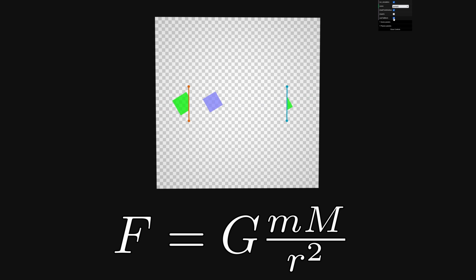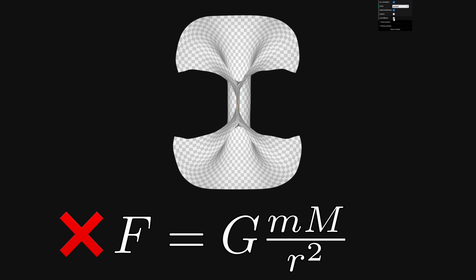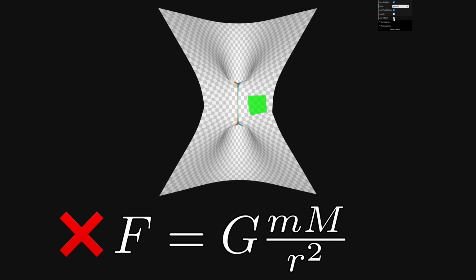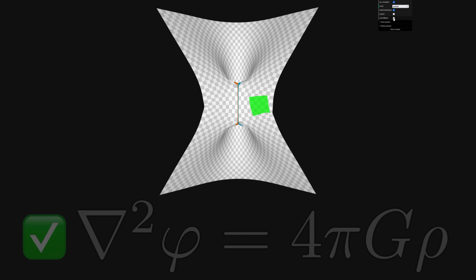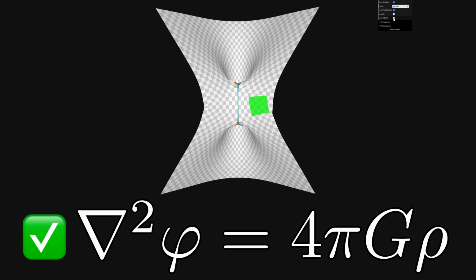Long story short, in the previous video we abandoned Newton's law for calculating gravity, because it's designed only for infinite flat space. Portals bend space, so it can't work with them. That's why we switched to Poisson's equation for the gravitational potential.